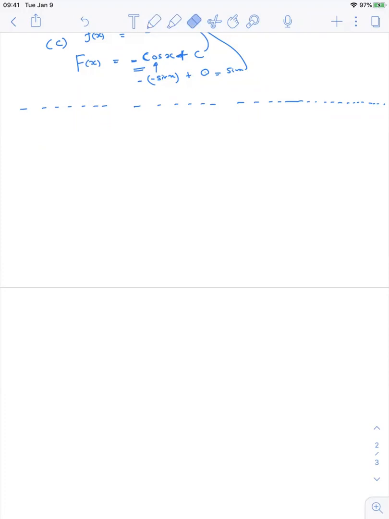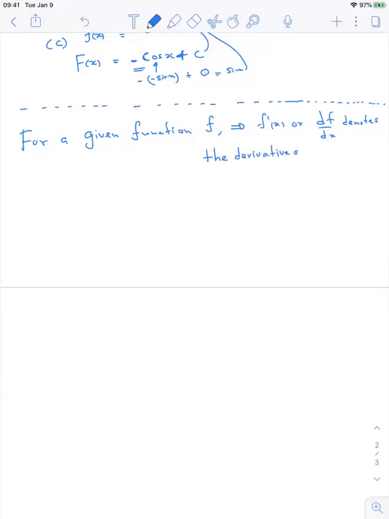For a given function, the differentiation of this function we normally denote as either f dash x or df over dx, which denotes the derivative of f.